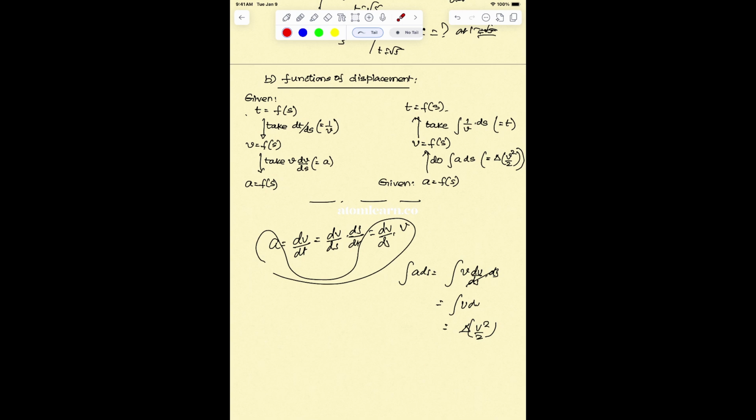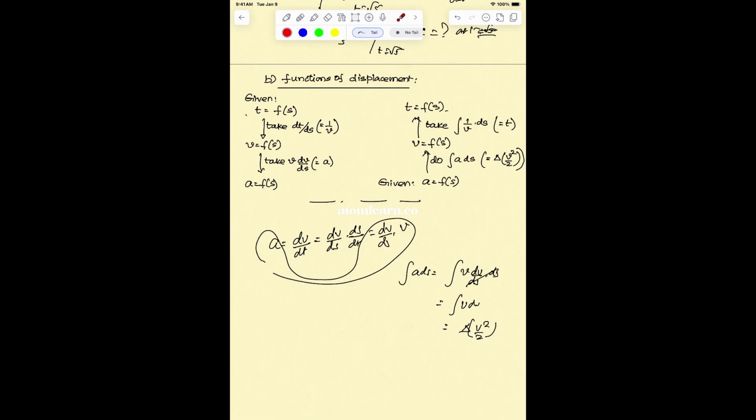Therefore, integrating this, I just repeat what I said. Suppose they are giving acceleration as a function of displacement, then integrating it like this will give you the change in v squared by 2. Once you know the initial condition, because for all integration they must give you some conditions for us to get the full function, otherwise you will not be able to define the function.